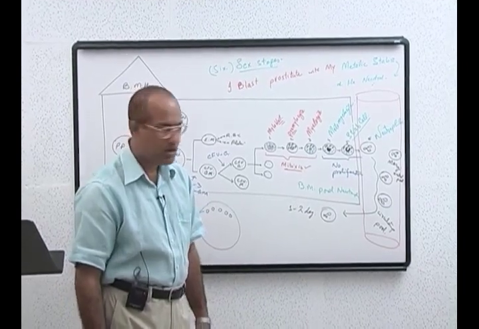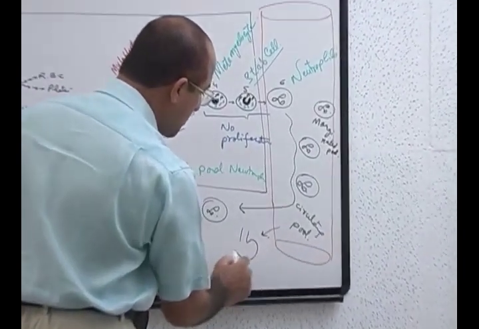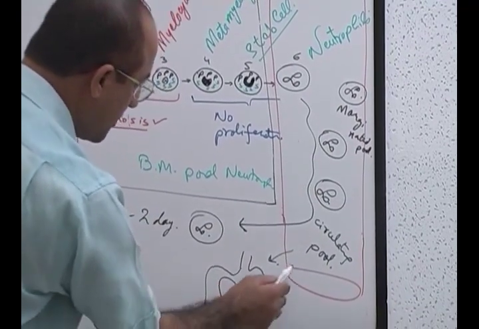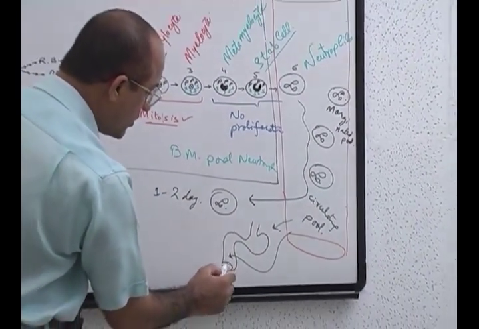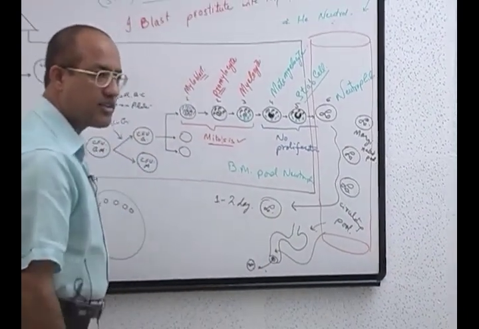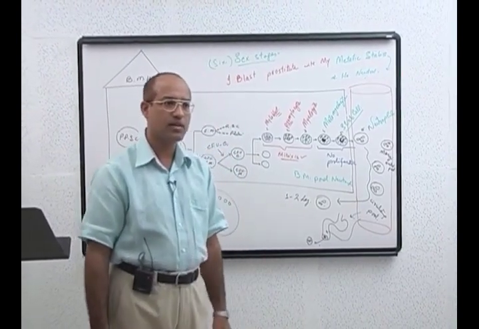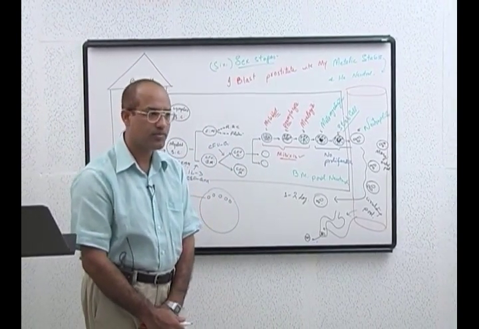Am I clear? Plus, many of the neutrophils also pass through the mucosal lining of the GIT into the GIT lumen and eventually appear in fecal matter. A significant portion of your fecal matter is basically neutrophils.